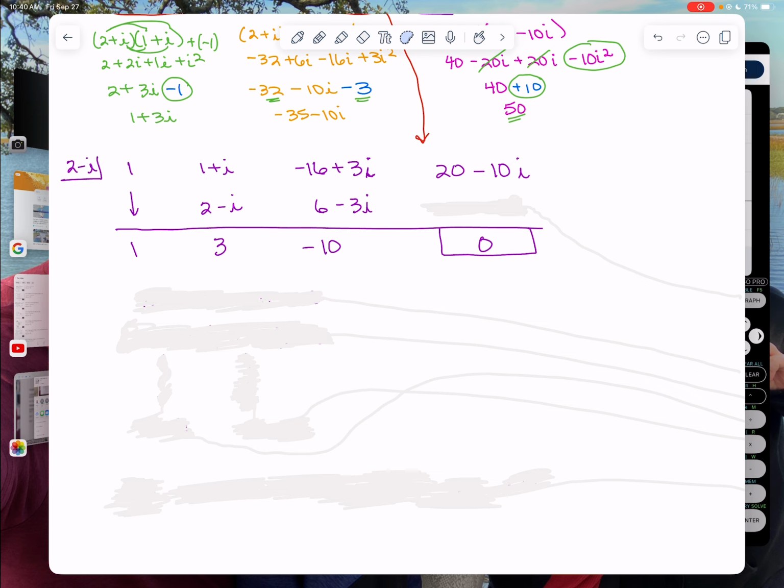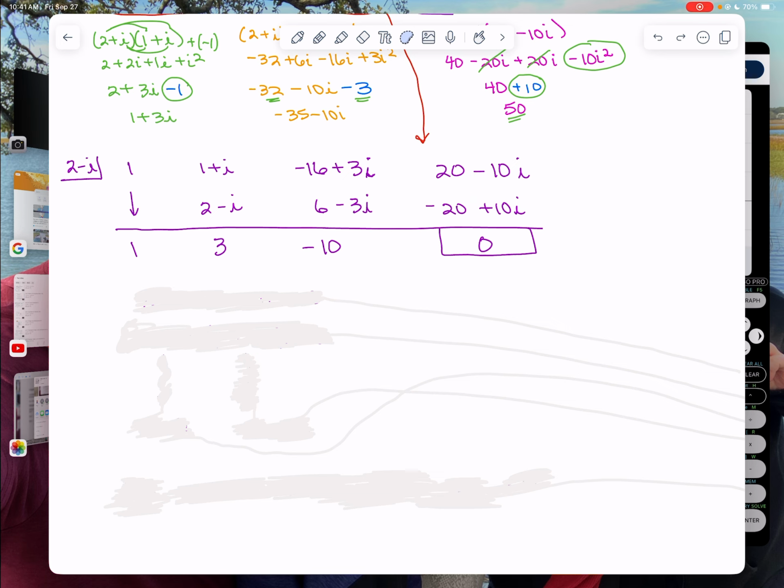Then I'm going to multiply one more time. Multiply my 2 minus i times negative 10. And I get minus 10 plus minus 20 plus 10i. My i's cancel. So not only do my i's cancel, but so do my 20s. So I did get a 0 there.